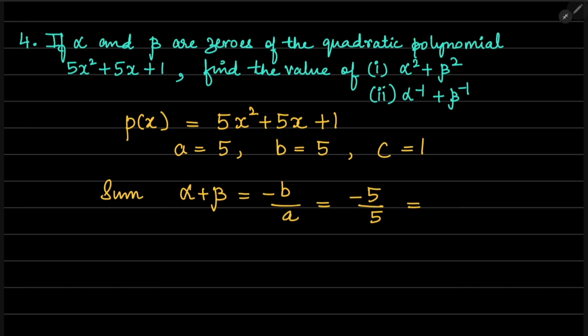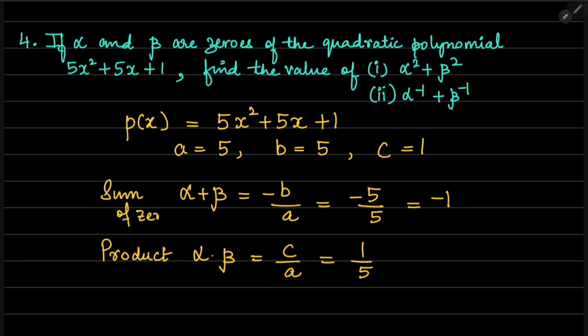Just substitute the values of B and A, and you will get minus 1. The product of the zeros, alpha into beta, is equal to C by A. C is 1 and A is 5, so 1 by 5. Now you have got the sum of zeros and the product of zeros.